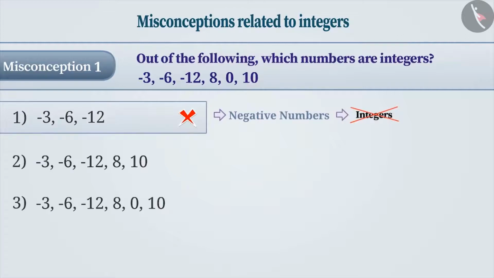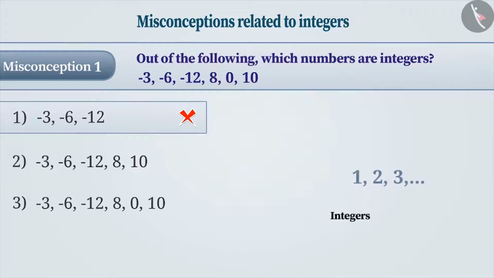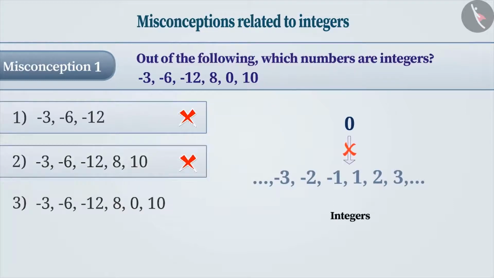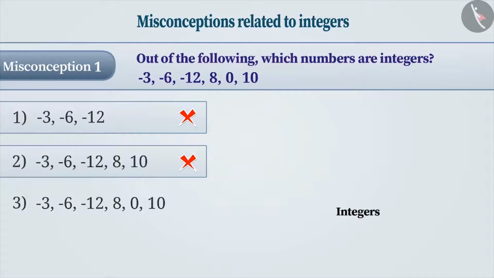Similarly, it is understood that the collection of integers has positive numbers and negative numbers alone, and no zero, which will lead you to choose option 2, which is again incorrect. The correct answer is obviously option 3, since integers include all negative numbers, positive numbers, and 0.